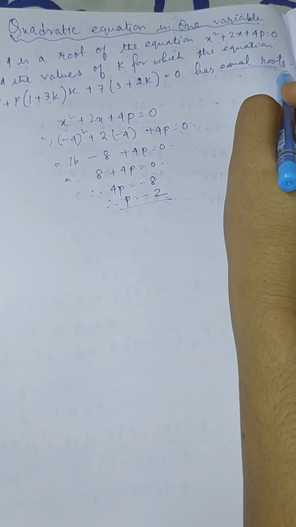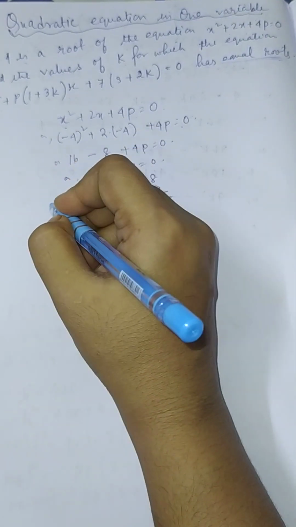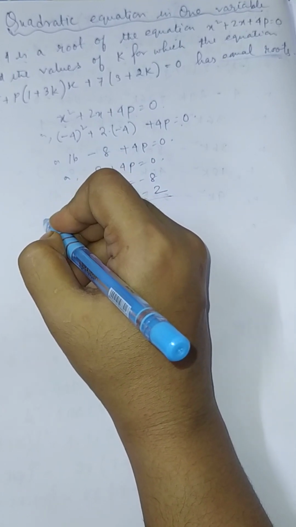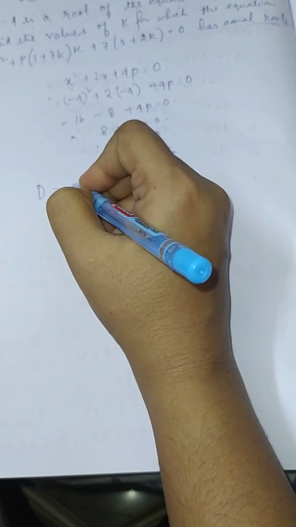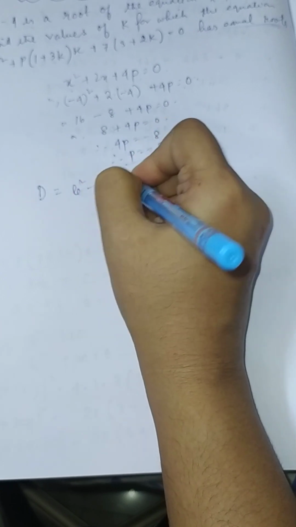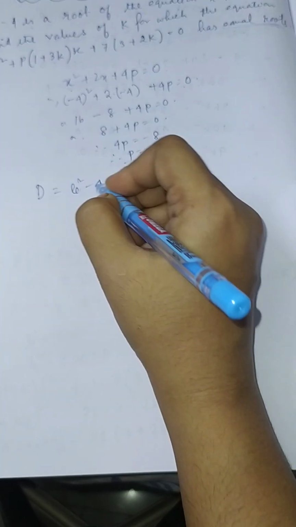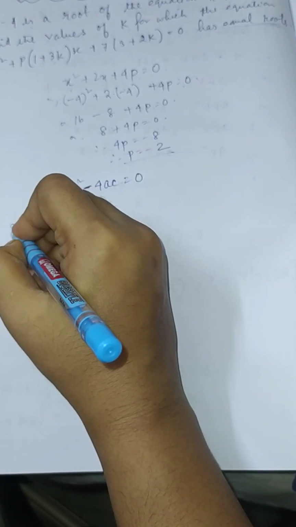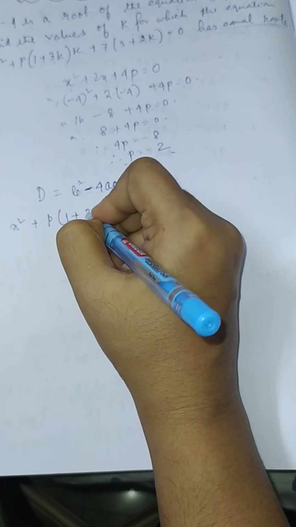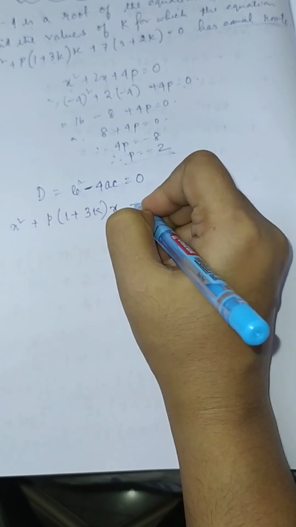And from my previous class you already know that whenever there are two equal roots of any quadratic equation, the discriminant D, that is b square minus 4ac, is equals to 0. That means b square is equals to 4ac, right? So if I compare this equation with the quadratic equation format, what I will get?